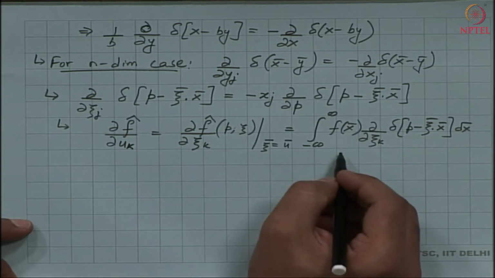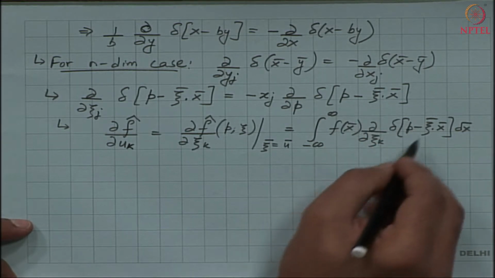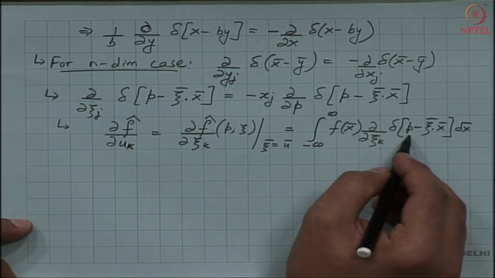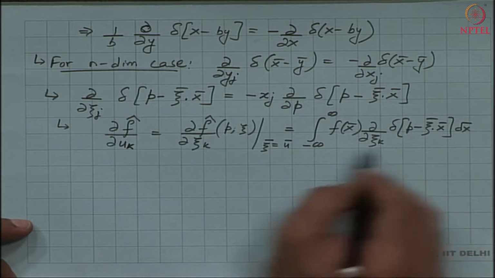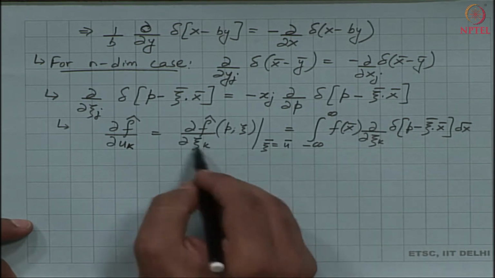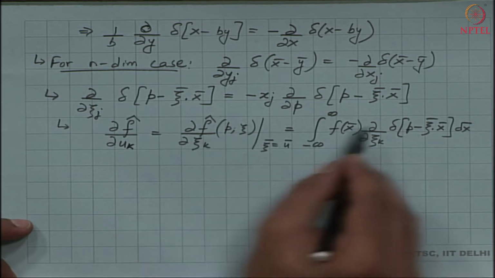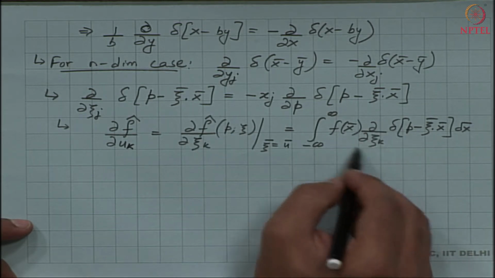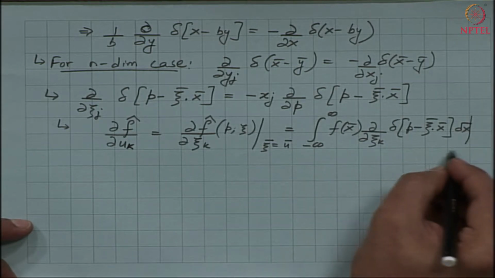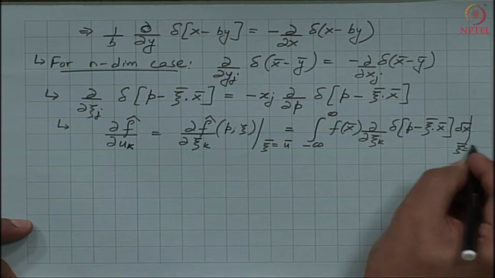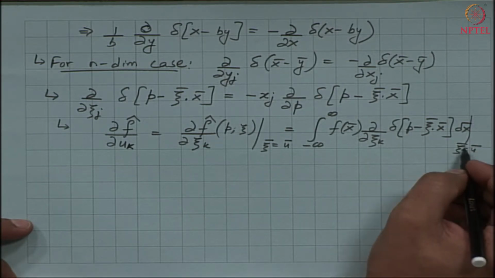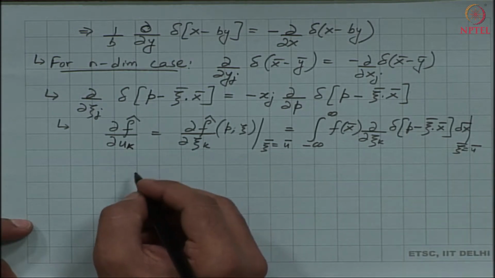I have just used the definition of the Radon transform, the projection of the function on the hyperplane p equal to zeta dot x, and I have taken the derivative inside the integral. I then evaluate this at zeta equal to the direction cosine.